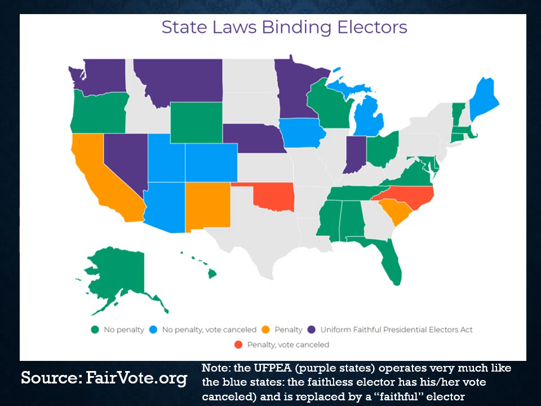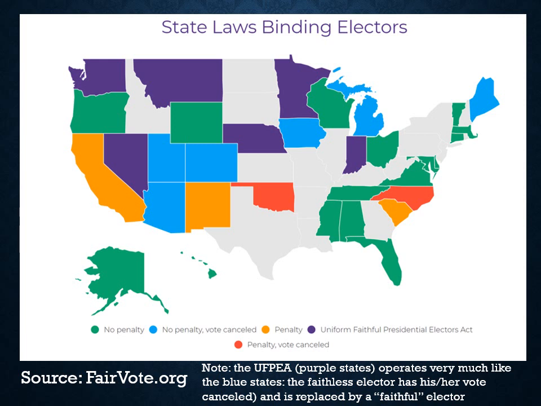And that includes a number of other important states. In blue, there's no penalty, and that includes Michigan, but your vote is canceled and replaced by the vote of your state. So this is a protection against faithless electors. In the yellow states, there's a penalty.